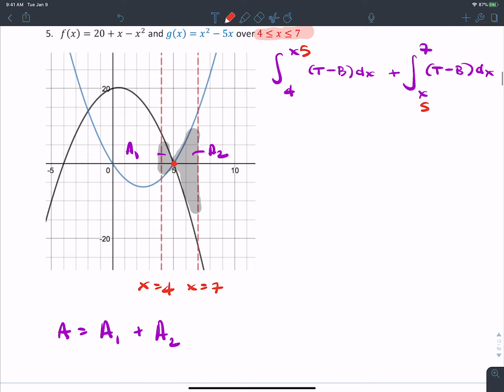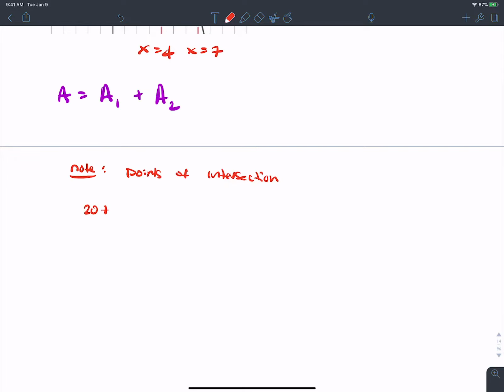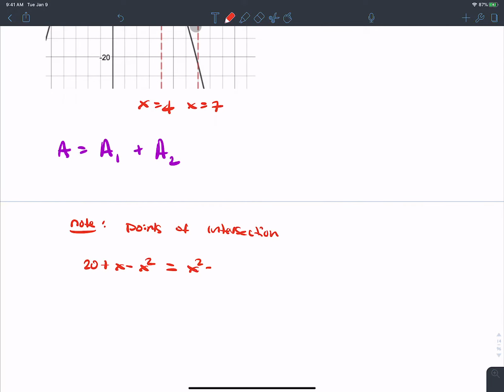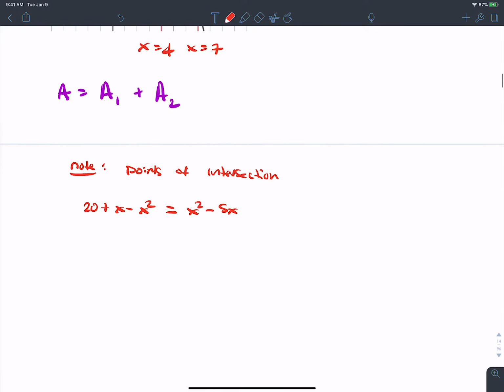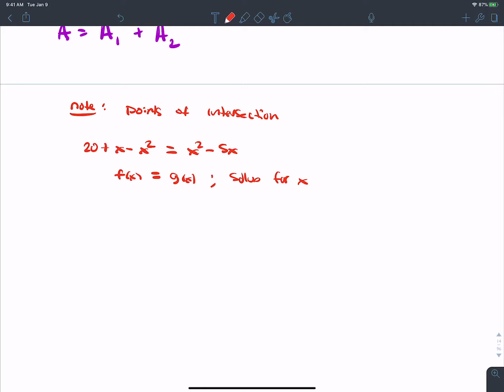What are my curves? 20 plus x minus x squared. And what does that equal? x squared minus 5x. So remember, you set the two curves equal to each other, and then you solve for x. So algebraically speaking, get your curves on one side. Let's put these terms on one side.